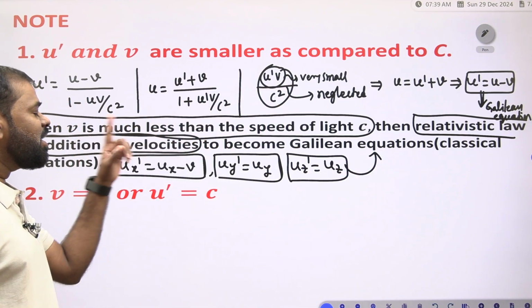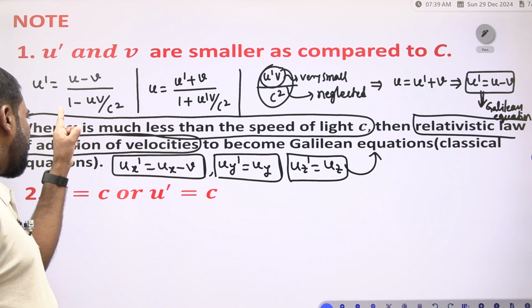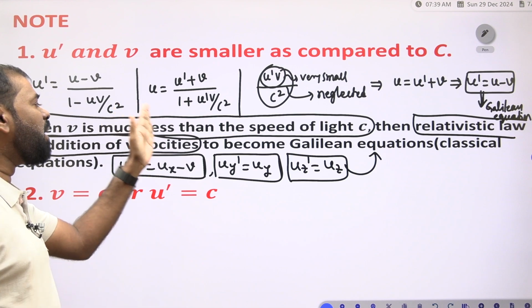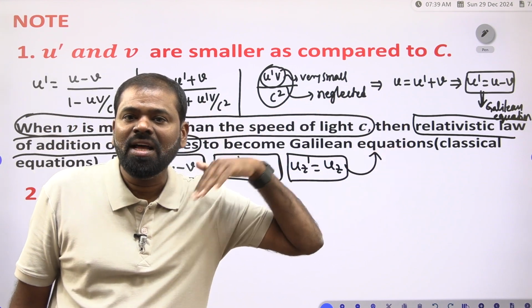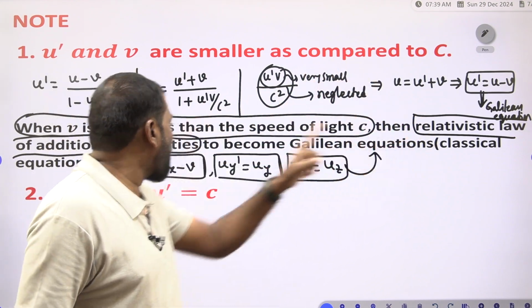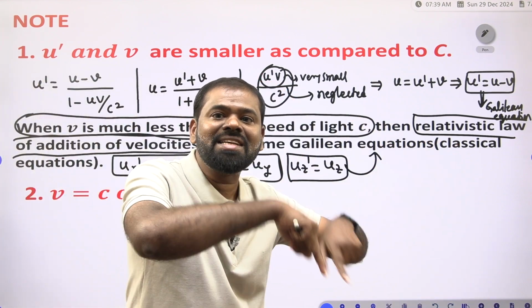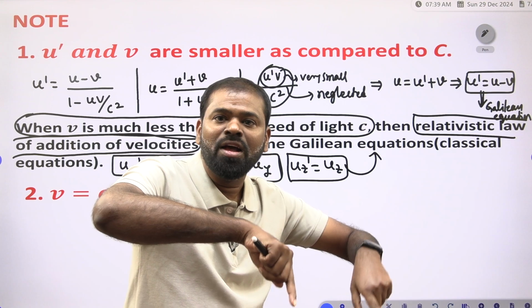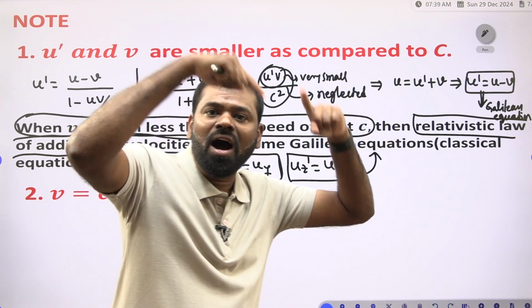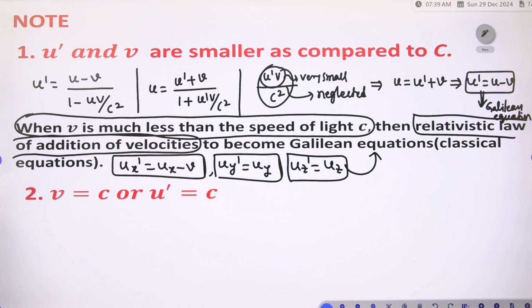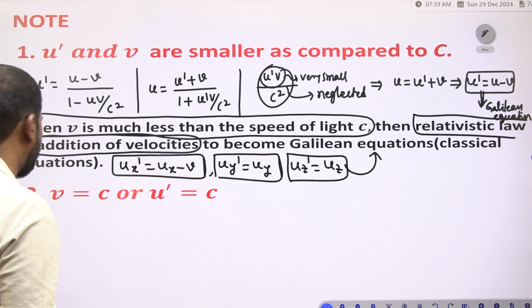So whenever v is much less than the speed of light, the relativistic law of addition of velocities becomes the classical, Galilean, or Newtonian transformations. That is the one important thing you have to remember.